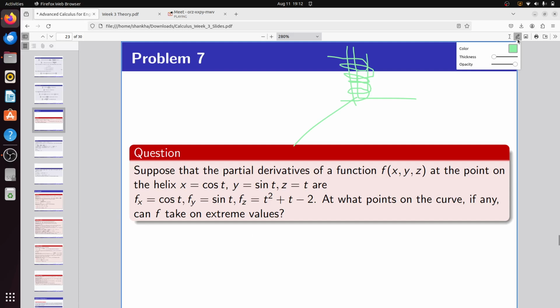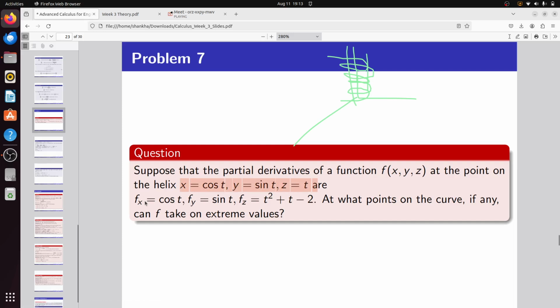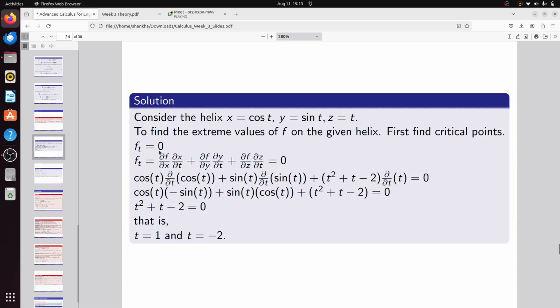You are taking partial derivatives on the helix of a function f(x, y, z), and the partial derivatives are fx equal to cos t, fy equal to sin t and fz equal to t square plus t minus 2. At what points on the curve, if any, can f take extreme values? See, consider the helix x equal to cos t, y equal to sin t, z equal to t. To find extreme values of f on the given helix, first find critical points.